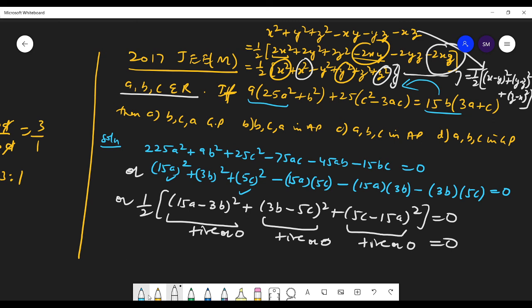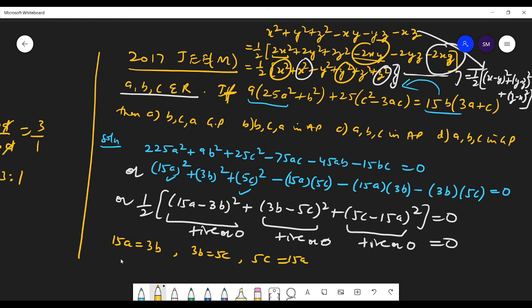So what does this mean, students? It means 15A minus 3B is equal to 0. It means 15A is equal to 3B. And 3B equals 5C. And 5C minus 15A is equal to 0, so 5C is equal to 15A.